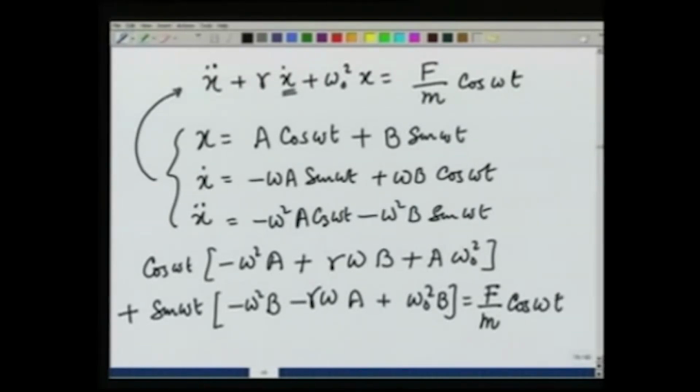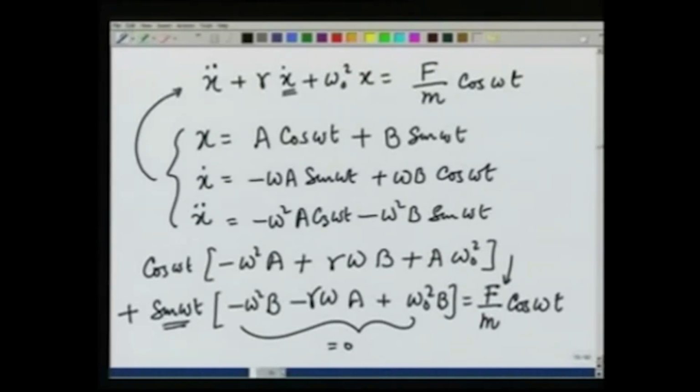Since on the right hand side there is no term of sine omega t, therefore, this term must be 0, and this term, minus omega square a plus gamma omega b plus a omega naught square, must equal F over m.